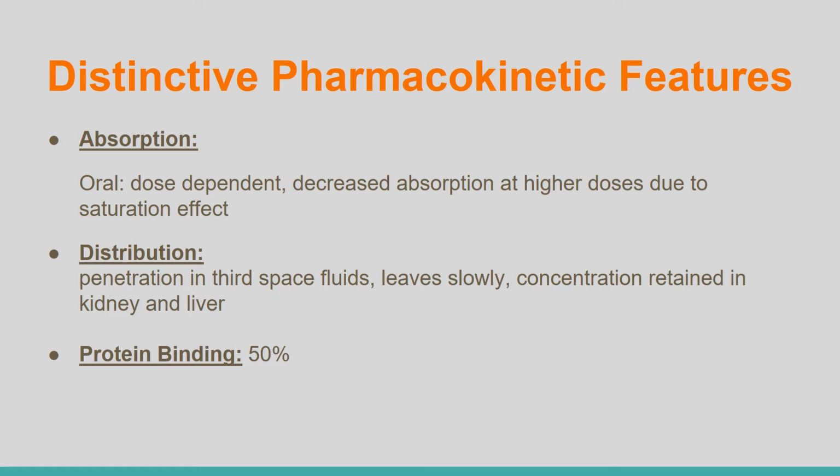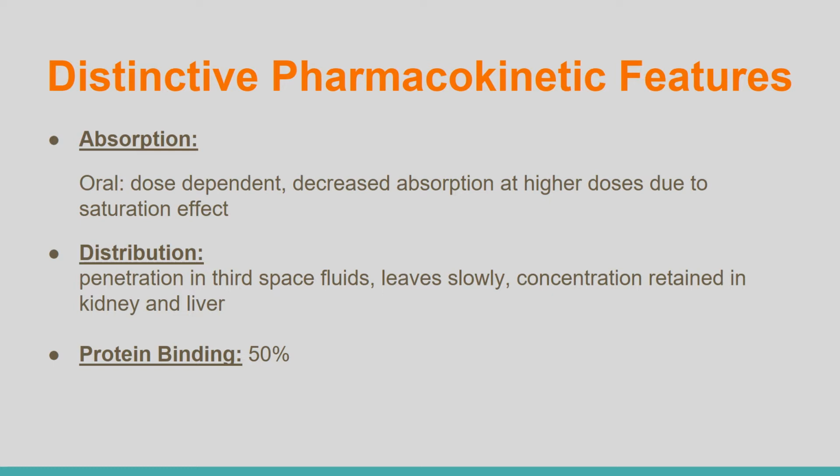My name is Oscar, and I'll continue with the pharmacokinetics of this drug, methotrexate. So I'll be looking at the absorption, distribution, metabolism, and excretion. This drug is dose dependent. Looking at the absorption, it decreases as the dose is increased, possibly due to a saturation effect.